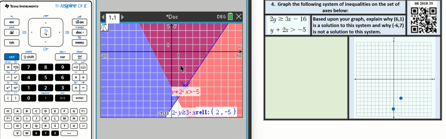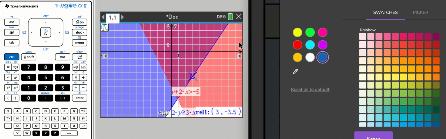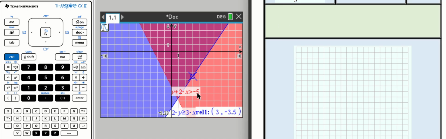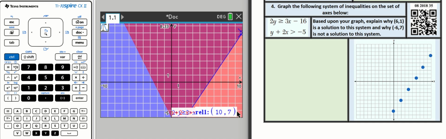And now the next one, we want whole number points. All right, so whole number points. Remember, 4, -2, and just keep on going until you have all your points.